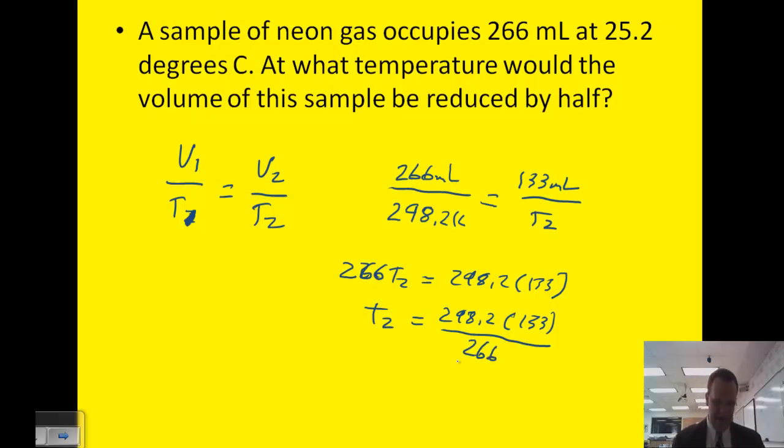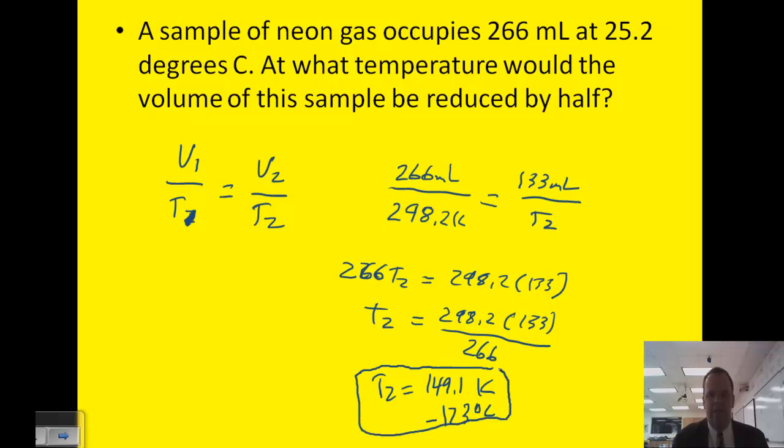So we end up getting half of 298.2, which is 149.1 degrees Kelvin. If we want that in Celsius, we have to subtract 273 from that. So in Celsius, this is negative 123 degrees Celsius.